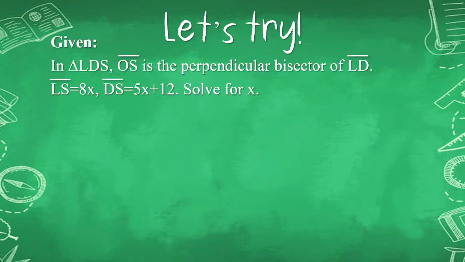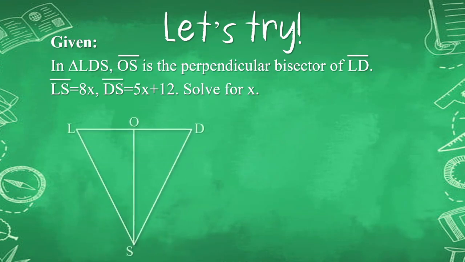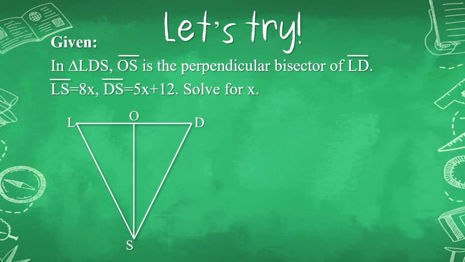How about solving the value of x given that in triangle LDS, segment OS is the perpendicular bisector of segment LD, and LS is equal to 8x and DS is equal to 5x plus 12.